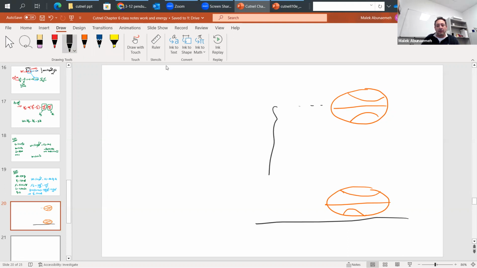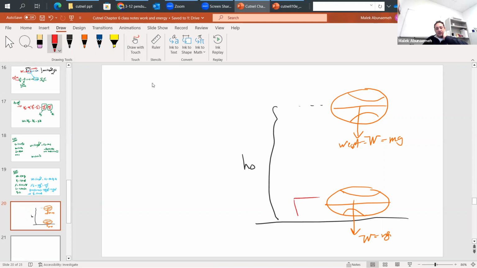Let's say from over here to over here, this is going to be your H naught, where by the way, the ball has weight on it. Weight is going to be mass times gravity, which is also affecting over here. Same thing, weight equals mass times gravity. And we can define this distance that it goes from over here to H final.